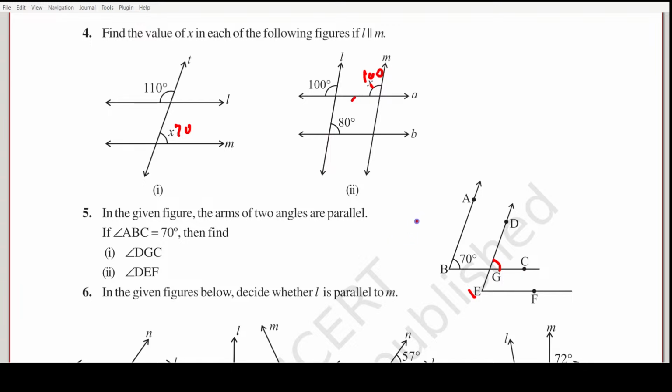G is 110. D is 70. A is 110. While you are mentioning angles, you should mention the 3 points. So DGC, this should be 70, right? DEF, this also should be 70, right?